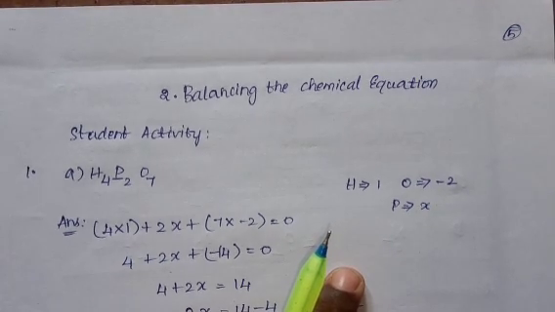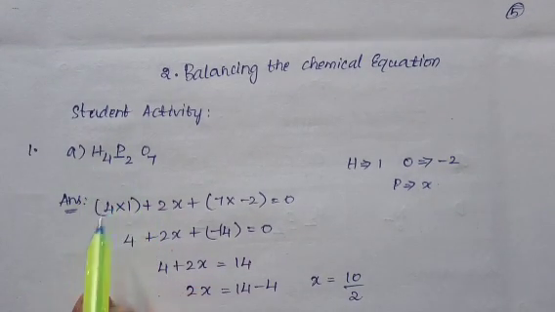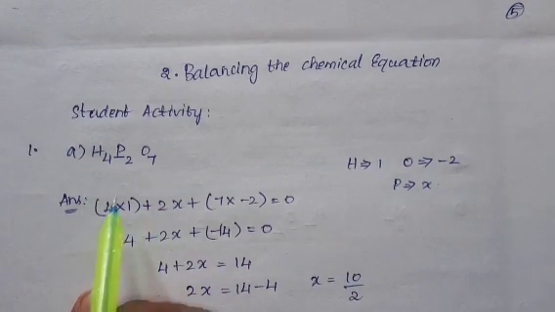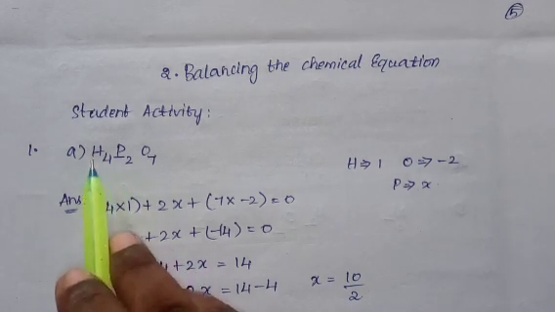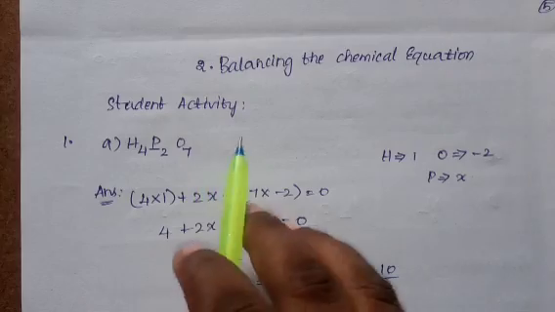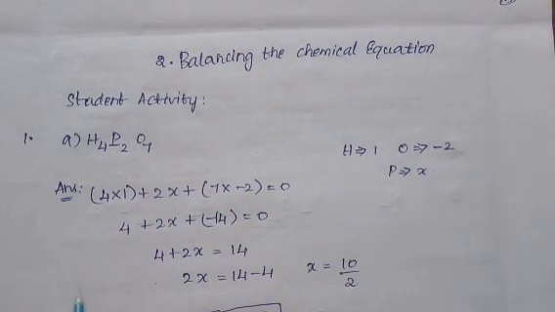So first one, H4P2O7. The oxidation number we know for hydrogen is +1, and for oxygen it is -2. This is the oxidation number rule.